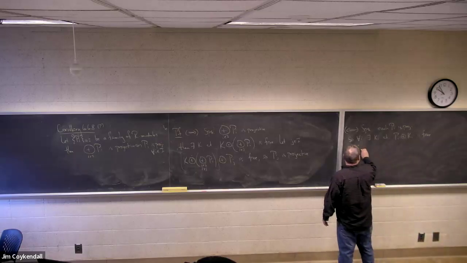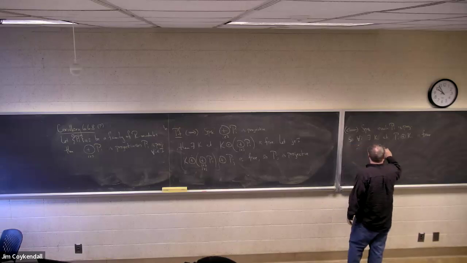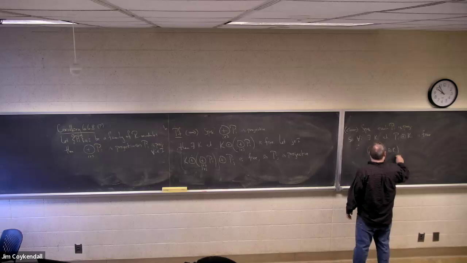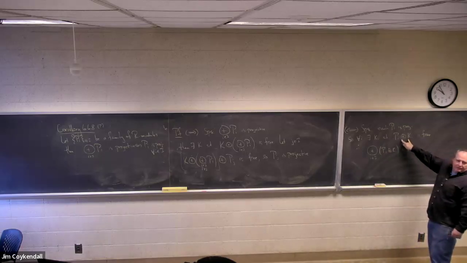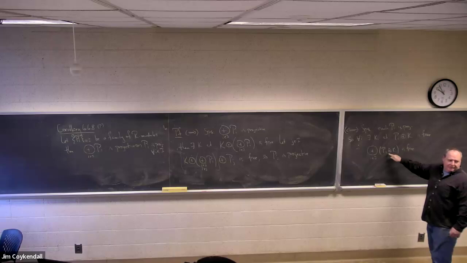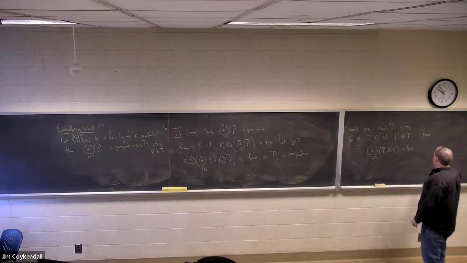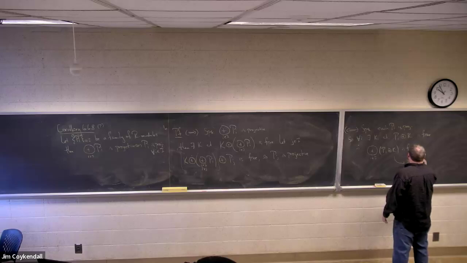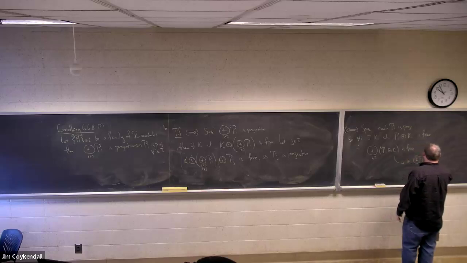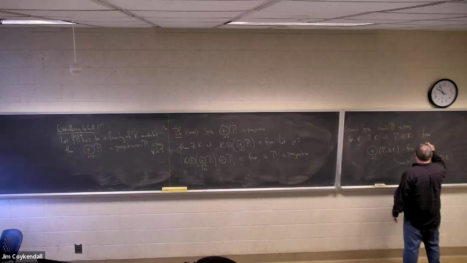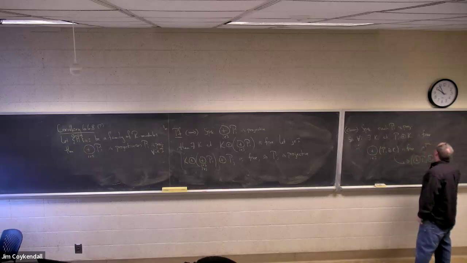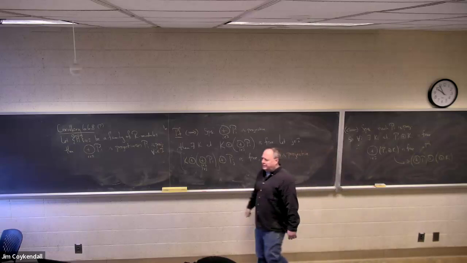Therefore, because each one of these is a direct sum of R, because it's free, this is a big direct sum of direct sums of R. And this is isomorphic to the direct sum of P_i, direct sum K_i. So this is projective. Any questions on that?